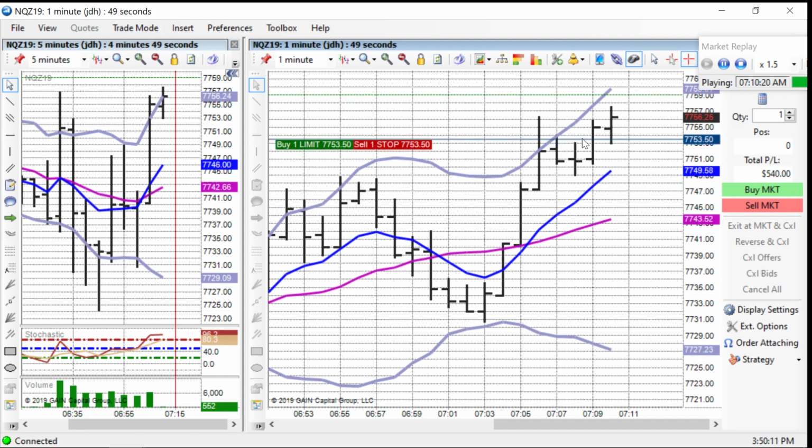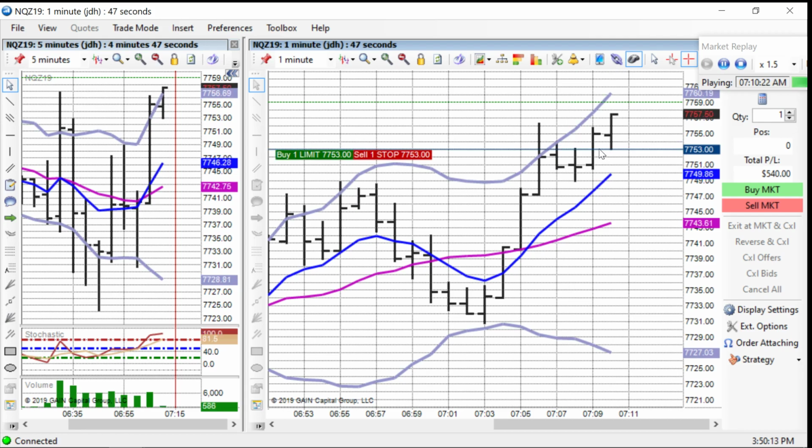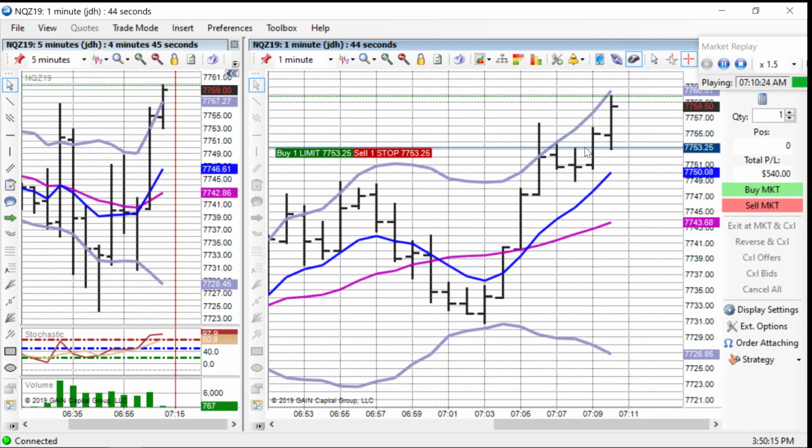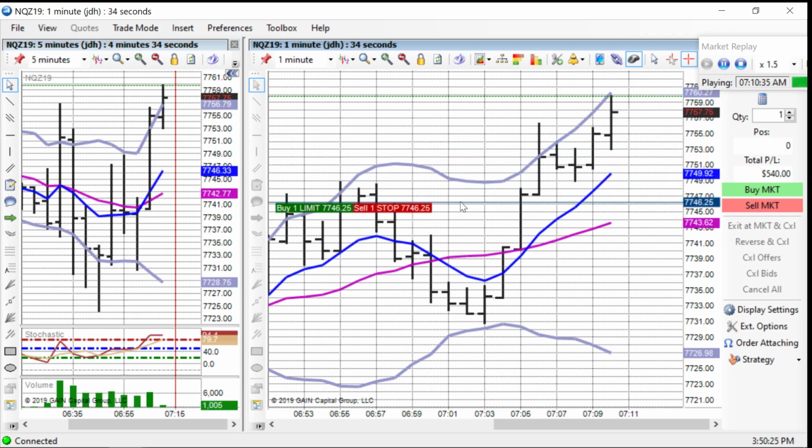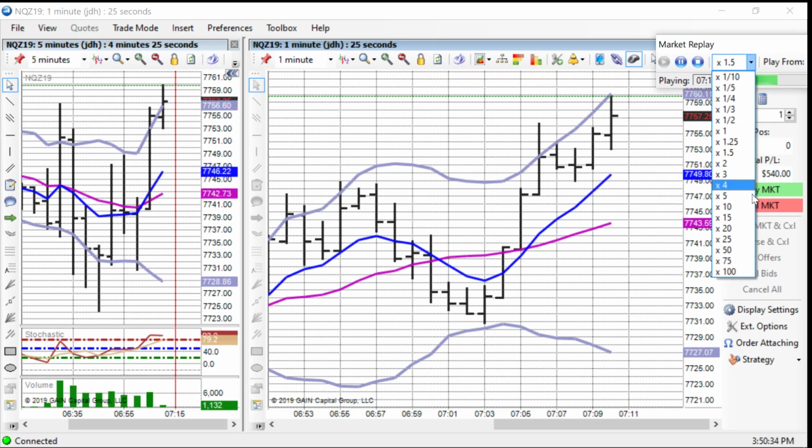So I would have hit a 3-point target if I got in at the breakout. Generally those are kind of scary trades, you know, getting in at mid-channel, mid-Bollinger Band channel there. So I'll just speed it up.